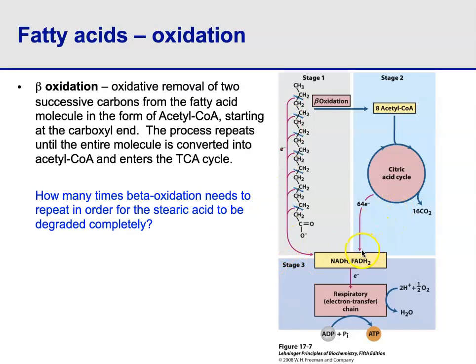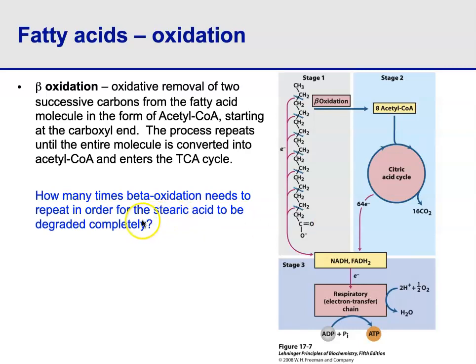All electron carriers from all degradation pathways are then fed into the oxidative phosphorylation part of the cellular respiration, where they're used to synthesize ATP and to convert oxygen with the help of the protons and the carried electrons to water. Alright, so a fatty acid is degraded 2 carbons at a time in a sequential manner, starting from the carboxyl group to acetyl-CoA and electrons.